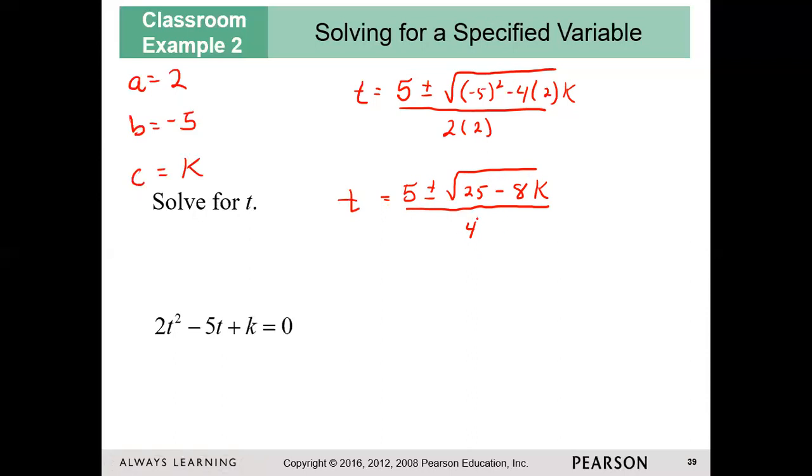There's nothing else that we can do to this. We can't factor anything out. We can't take the square root of this. We won't be able to do anything to this problem until we know what k is. And since they didn't give us any indication what k is, this is what we've got to work with. This is now officially solved for t, because t is by itself over here, right? t is playing the role of x in the quadratic formula.